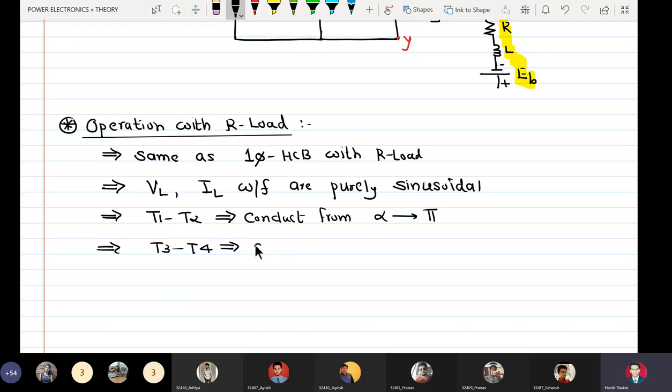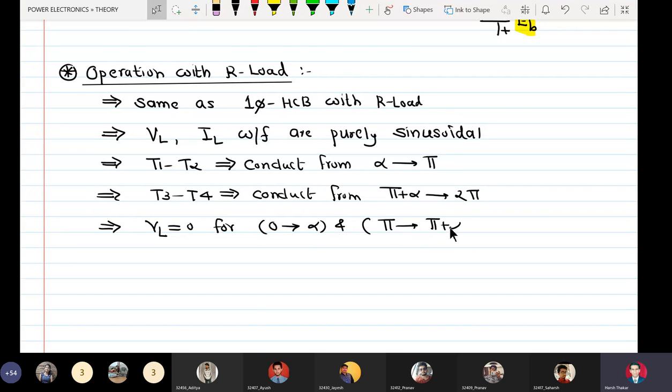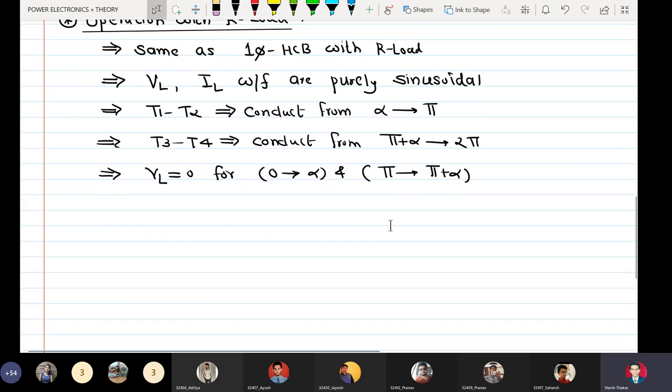T3, T4 conduct from pi plus alpha to 2 pi. In other words, load voltage equal to 0 for intervals 0 to alpha and pi to pi plus alpha.